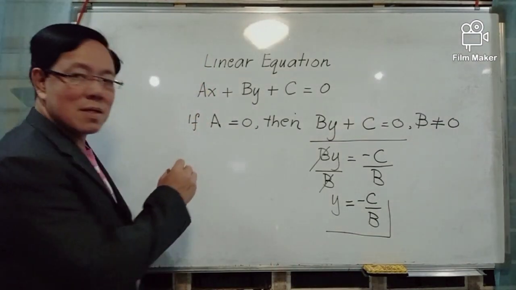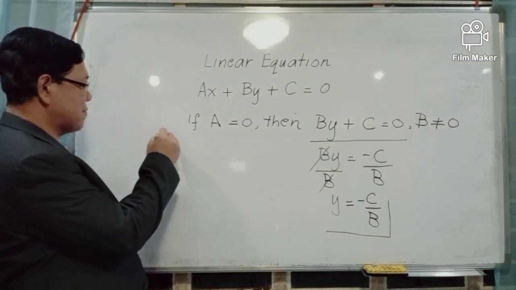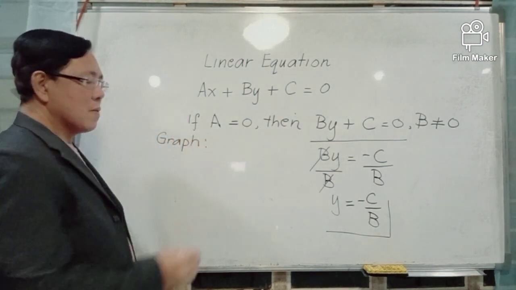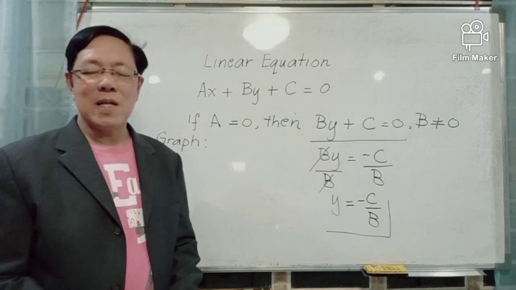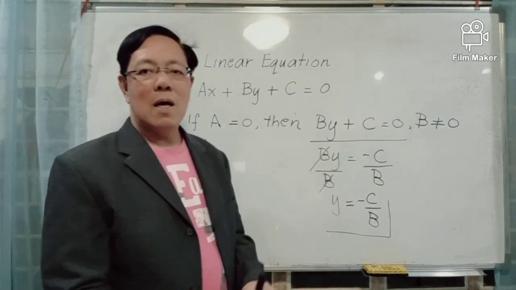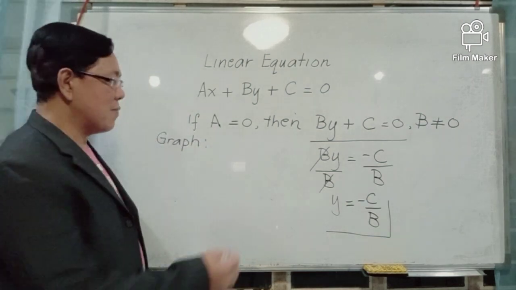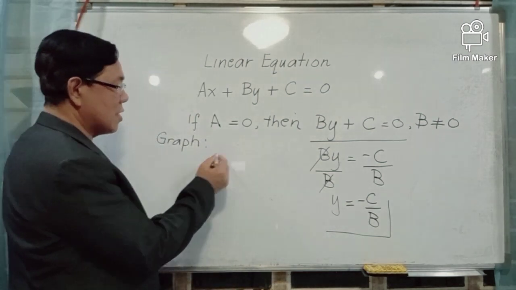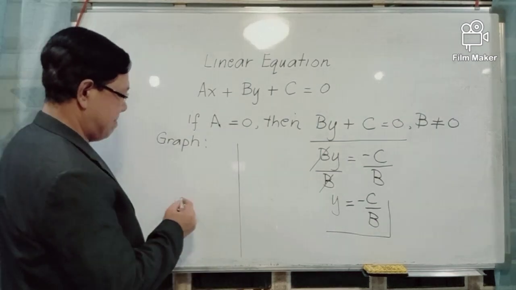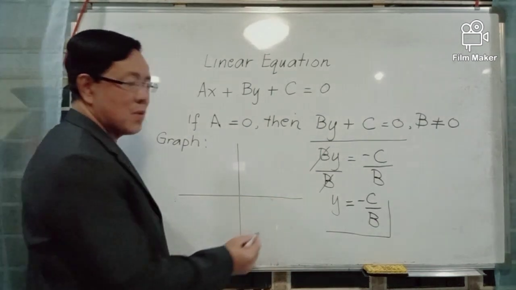Now we sketch the graph of a linear equation in one variable y. And of course, we sketch the graph of that equation in the Cartesian plane, with two axes.